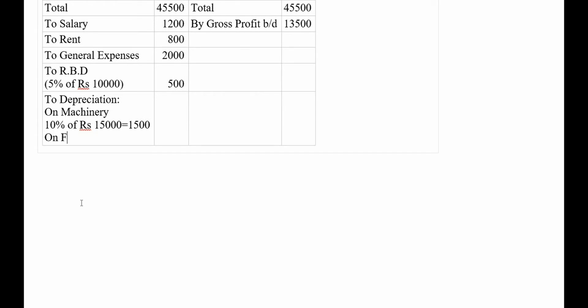Then on furniture, again same rate, 10% of rupees 3,000, which comes to 300.